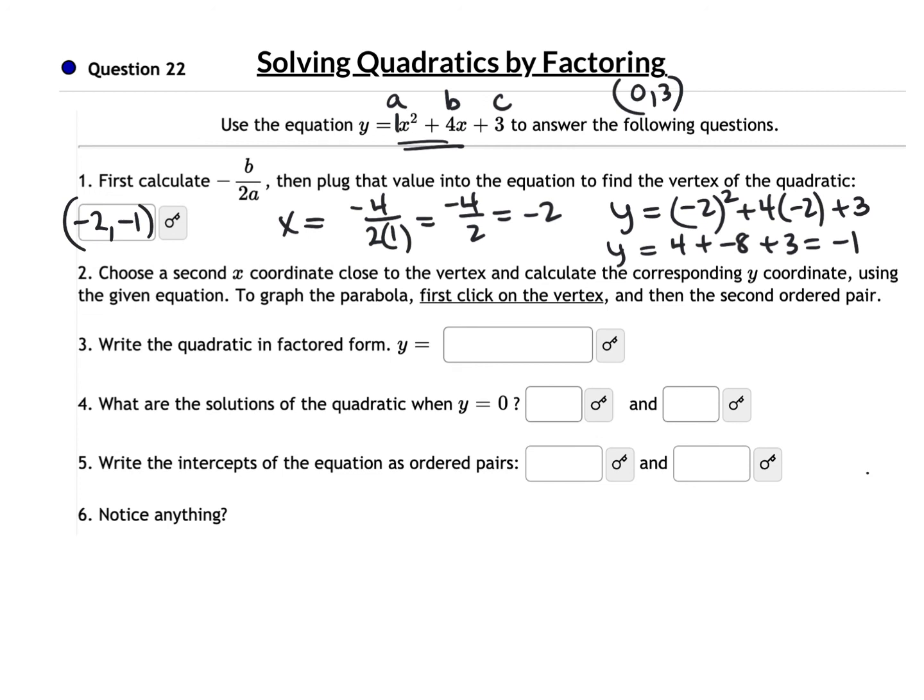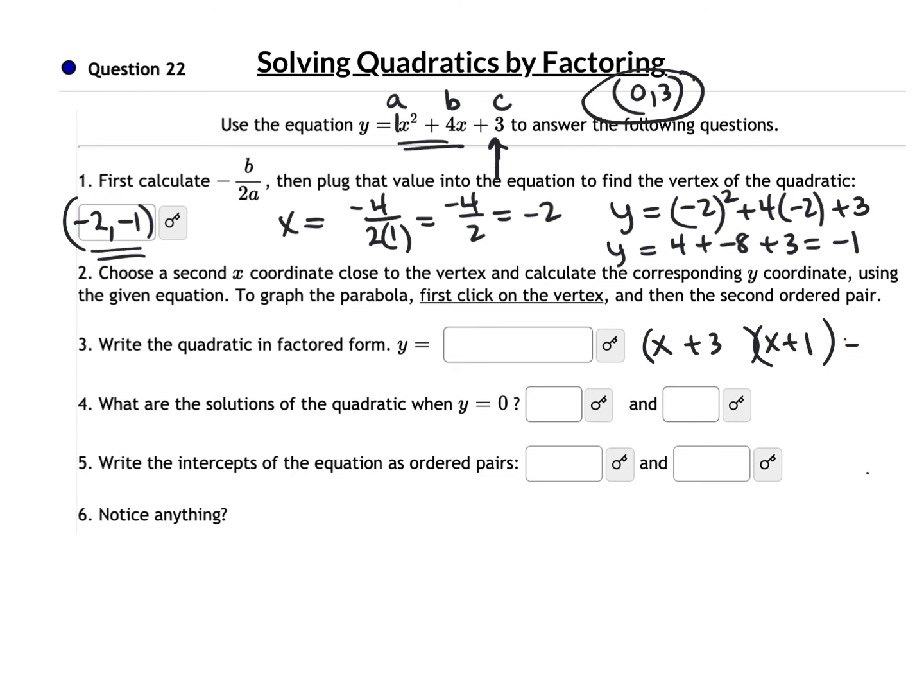Choose a second point. A good point would be the intercept of 3, 0, 3. So choose the vertex and then choose 0, 3 and graph it. In factored form, we need factors of 3 to add to 4. There are 3 and 1. So this ends up being x plus 3 times x plus 1.